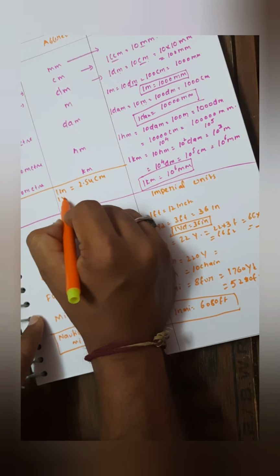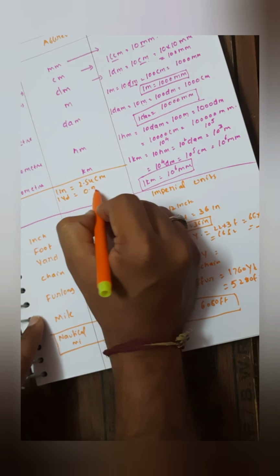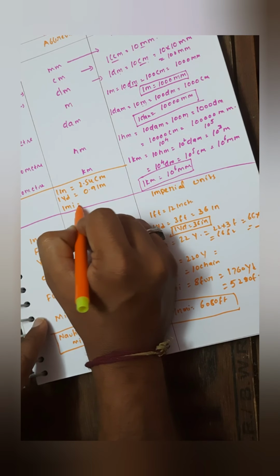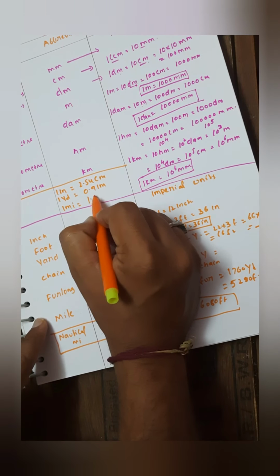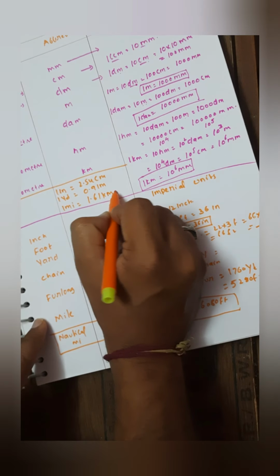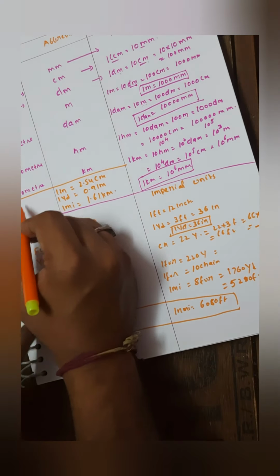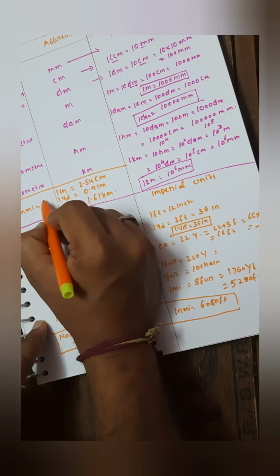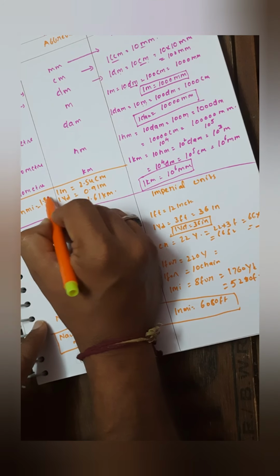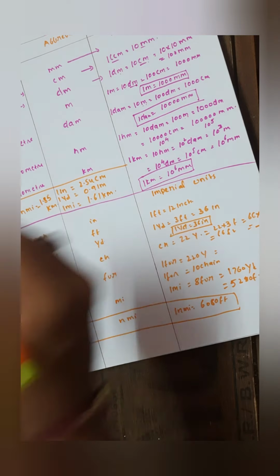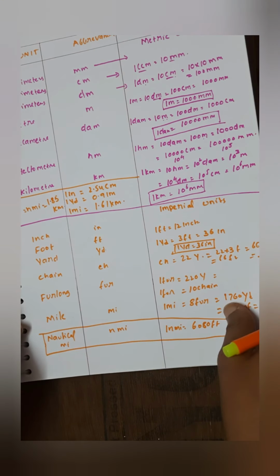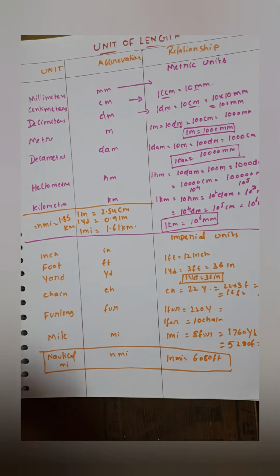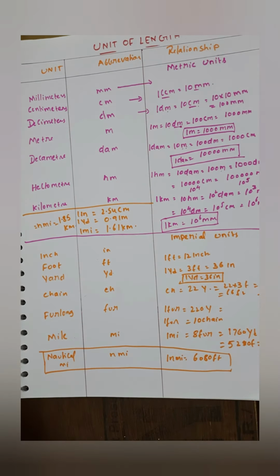For 1 yard it's 0.91 meter. 1 mile is 1.61 kilometers. Of course there is 1 nautical mile also. 1 nautical mile is equal to 1.85 kilometers. These are the things you need to know. So this is completely about the metric systems and imperial systems.